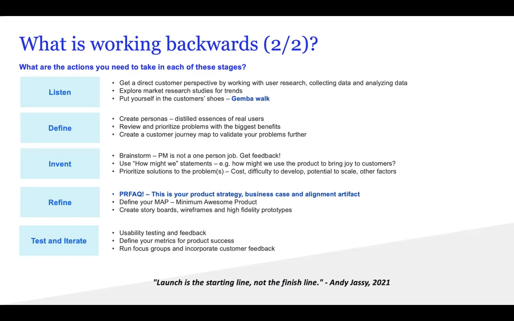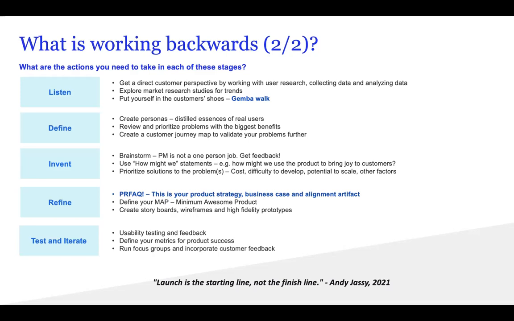And also think about how you want to prioritize the solutions to the problem that you've identified. There are different ways you can prioritize them in terms of cost, or the difficulty or complexity of technical implementation, etc. Number 4 is the PRFAQ.